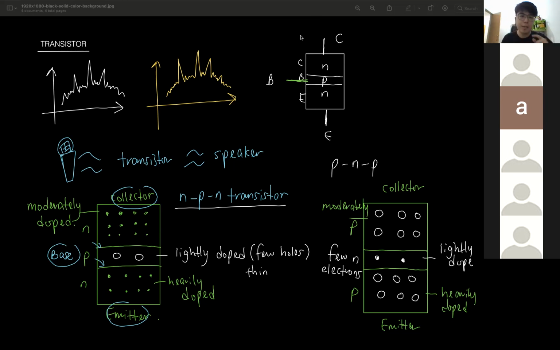I can combine my circuit like this. I can combine B and C. I put a resistor here. And then I can combine another one from C to B. I put a resistor here. I got two circuits, right? Three terminals, I can form two circuits.